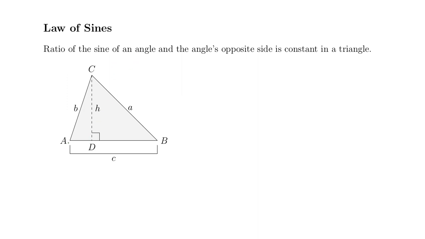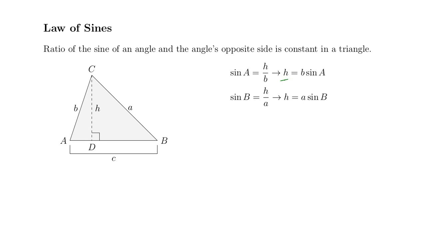And then we can just look at the sine of each of our angles, A and B. Since we have those right triangles, we can define our sine outputs. So we've got that sine of A is the opposite side, h, over the hypotenuse, b, and sine of B is the opposite side, h, over the hypotenuse, a.